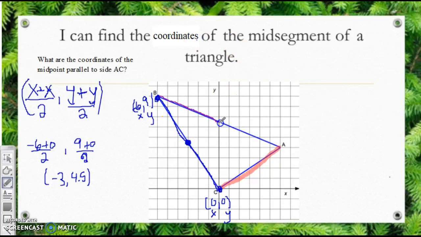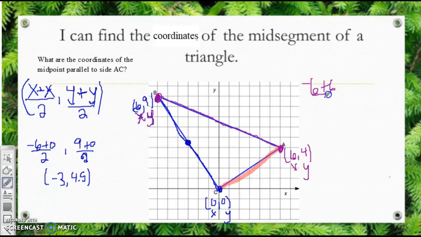So I'm going to go ahead and find the midpoint of the purple side. Again, I need my 2 endpoints. I already know that B is located at negative 6, 9. And A is located at 1, 2, 3, 4, 5, 6, comma, 1, 2, 3, 4. So I'm going to plug it into my midpoint formula again.